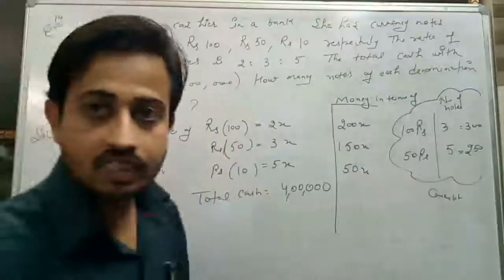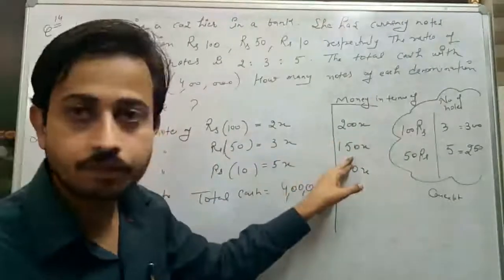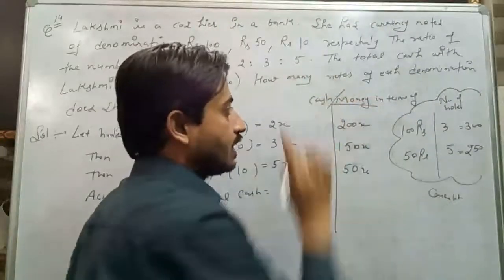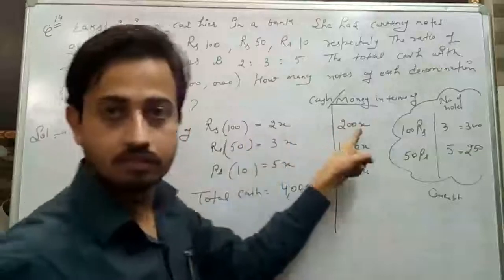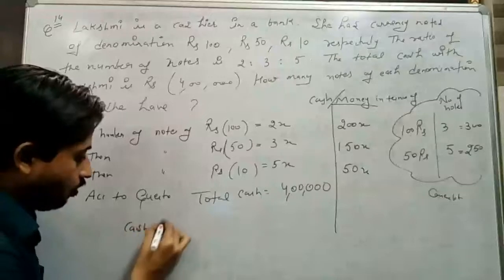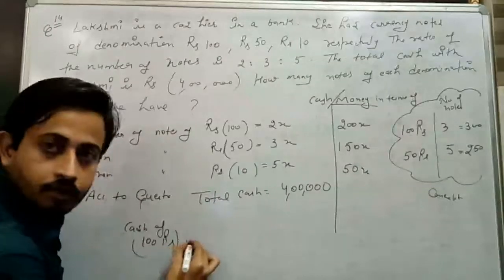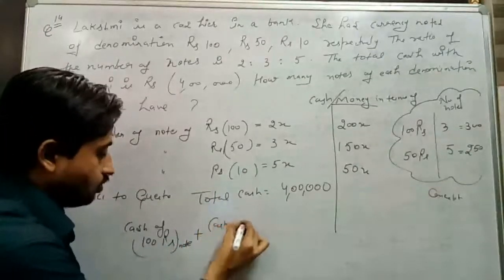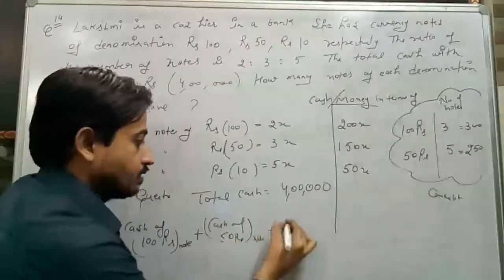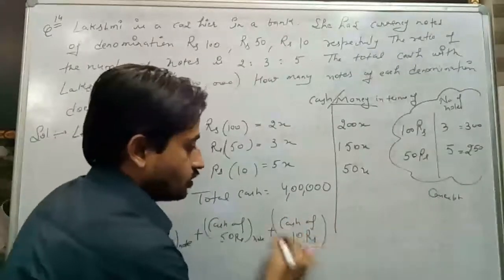The total cash is the cash in terms of 100 rupees, 200x, plus the cash of 50 rupees notes plus the cash of 10 rupees notes.